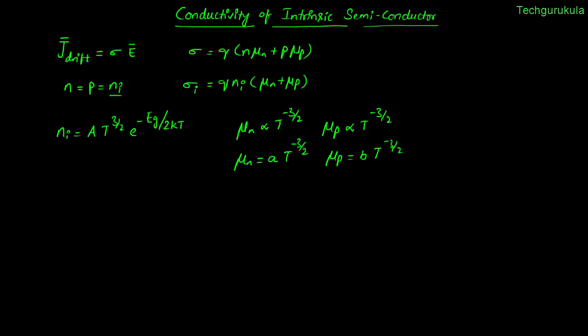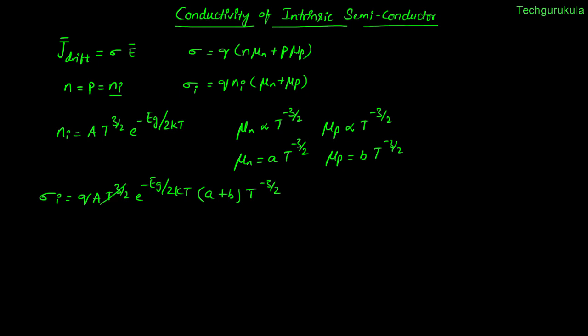Now we know the expressions for ni in terms of temperature and mu n and mu p in terms of temperature. So let me rewrite this expression where sigma i is equal to q times a constant A times T power 3 by 2 times e power minus Eg over 2kT times the mu n plus mu p, which is (a plus b) times T power minus 3 by 2.